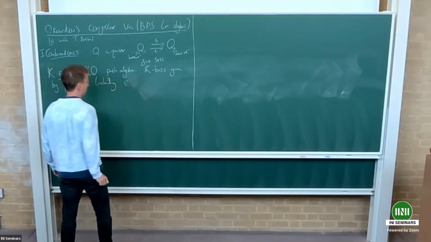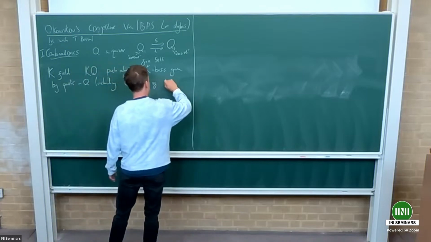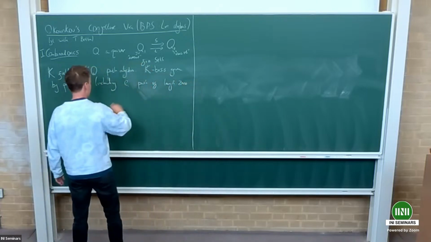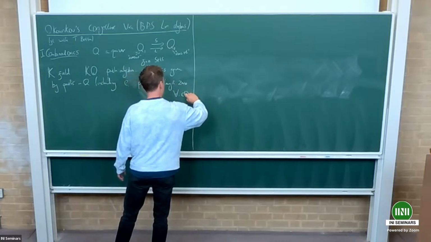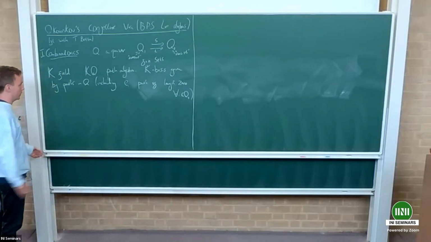So e_i is a path of length 0. I have one of these for every vertex. So for every vertex, there's a path which begins and ends at that vertex and doesn't go anywhere. It has length 0.